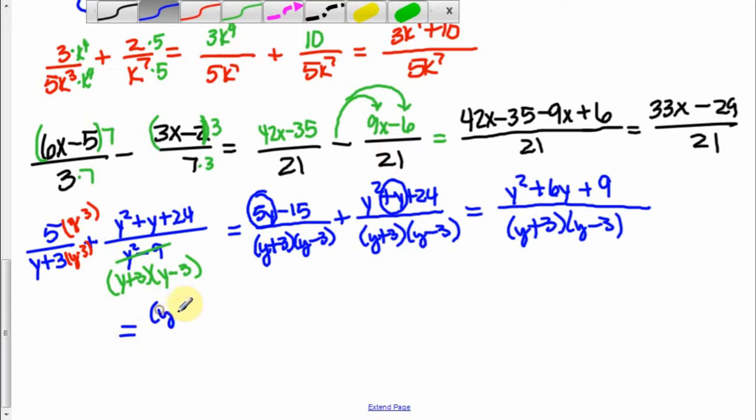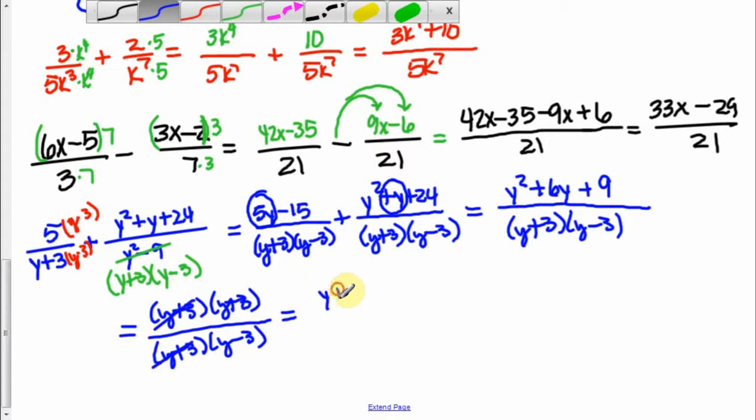So it's going to factor into y plus 3 times y plus 3, which is the same thing as y plus 3 to the second power, right? Okay, so I could write it like that if I wanted to. Y plus 3, y minus 3. So these are going to cancel. And your final answer is y plus 3 over y minus 3.